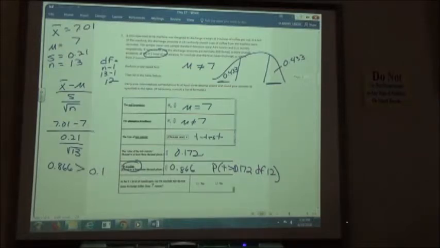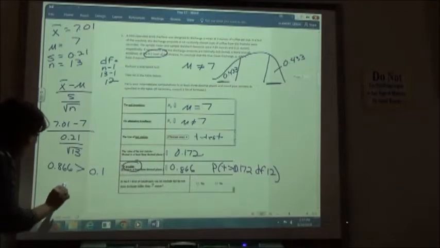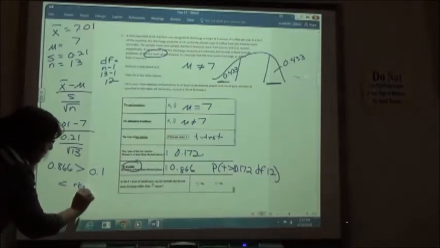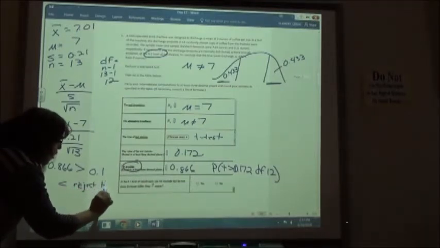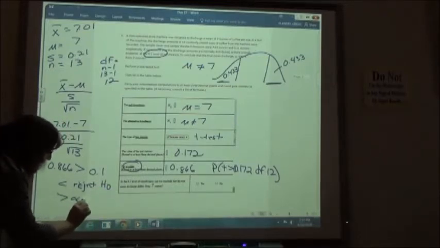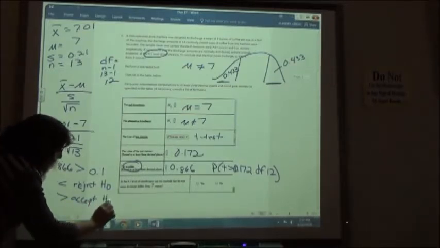I said there in problem number 1, if the p-value is less than my level of significance, we are going to reject the null. If my p-value is greater than the level of significance, we're going to accept the null. It's going to be true for all your hypothesis testing, so write it down somewhere. If it's less, then you reject the null. If it's greater, accept the null.